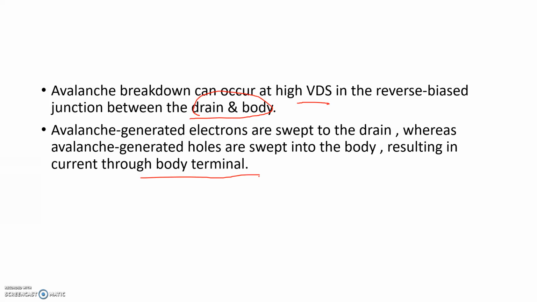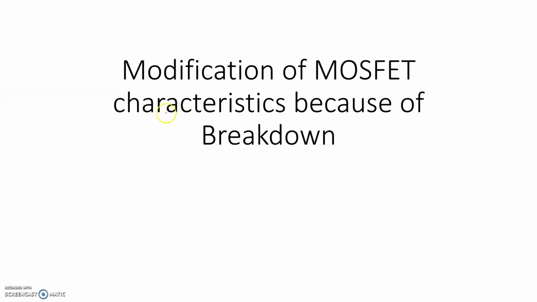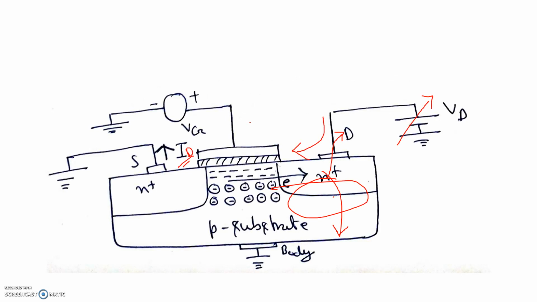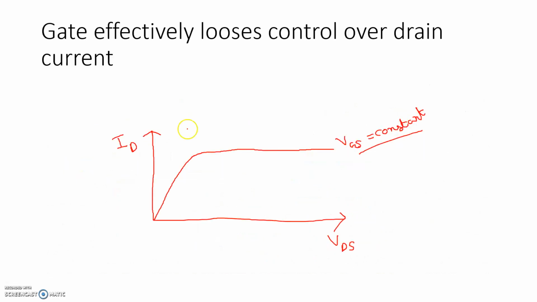So now see what the heading of today's discussion was: modification of MOSFET characteristics. Now we understood that ID increases rapidly due to breakdown, but how do we modify the graph? Very easy. Already we got this kind of graph. This part is due to the resistive behavior of the channel, and this part is due to velocity saturation, for a constant VGS with varying VDS.